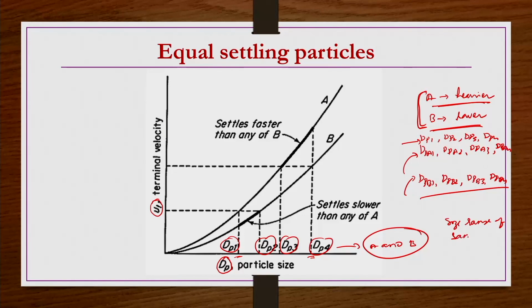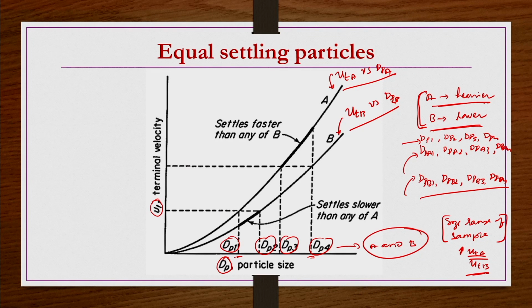Within this size range, for both A and B type particles, you find UTA and UTB and plot them. So this is UTA versus DPA, and this is UTB versus DPB.